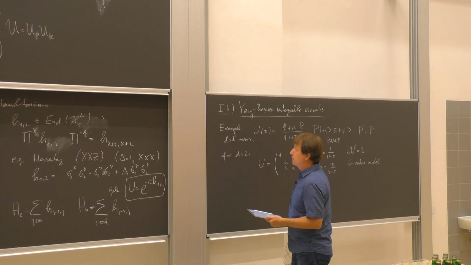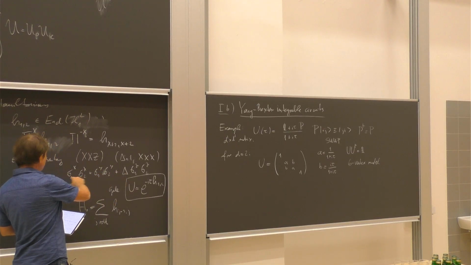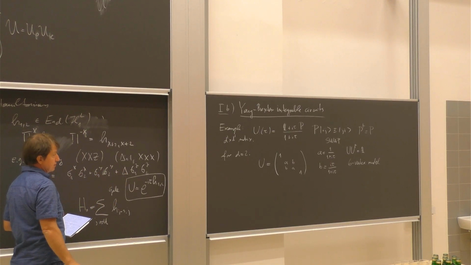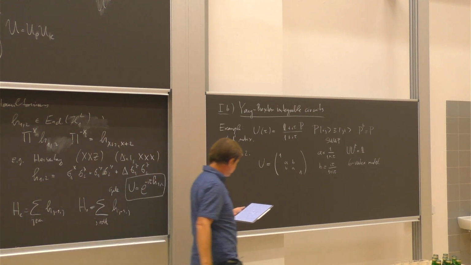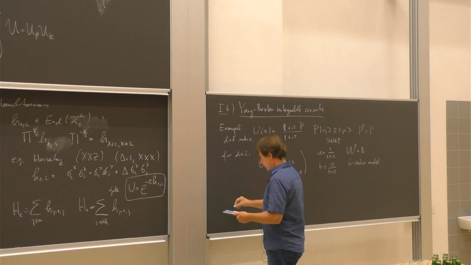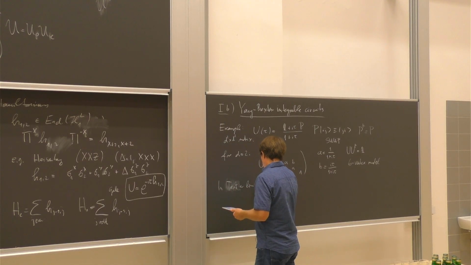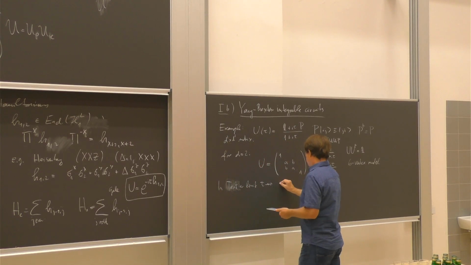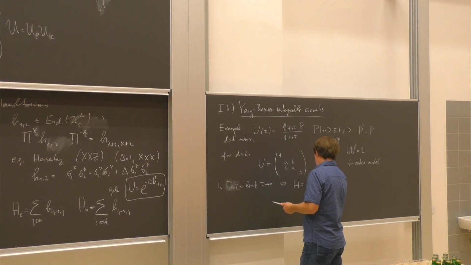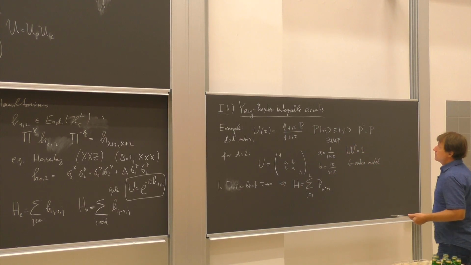Now, I don't know if you have ever seen that, but if you look at the Heisenberg model, where delta is equal to 1, then this object is related to the permutation, or the swap. It is up to a constant equal to a swap. So we can also think of it as a Trotter limit. In the Trotter limit, this goes to a Hamiltonian, which is just a sum of permutations.